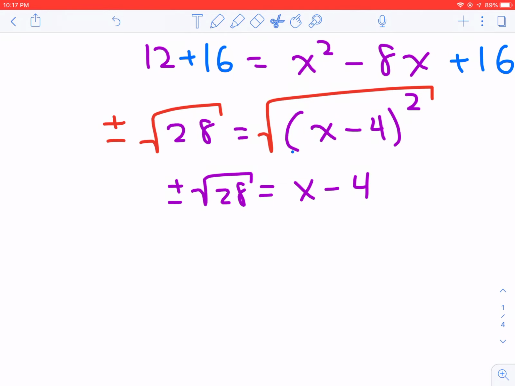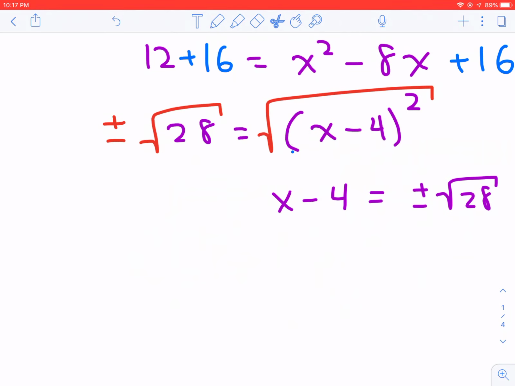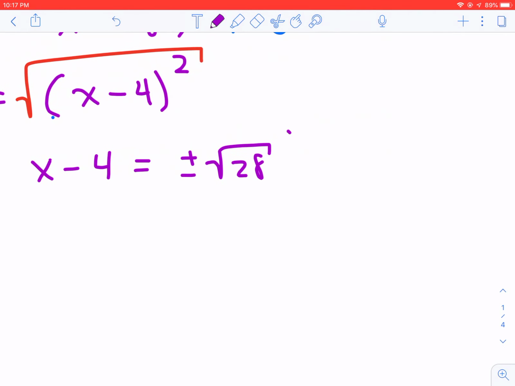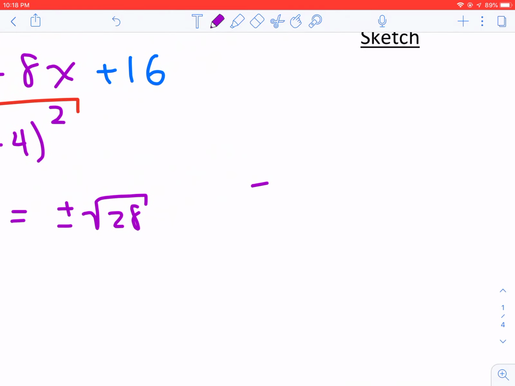And just because I know you guys are more used to it, I'm going to put my equal sign on the right side like this and put the plus or minus square root of 28 on the other side, just out of preference. And can we simplify this radical? It did say simplest radical form, so let's take a look. Square root of 28.